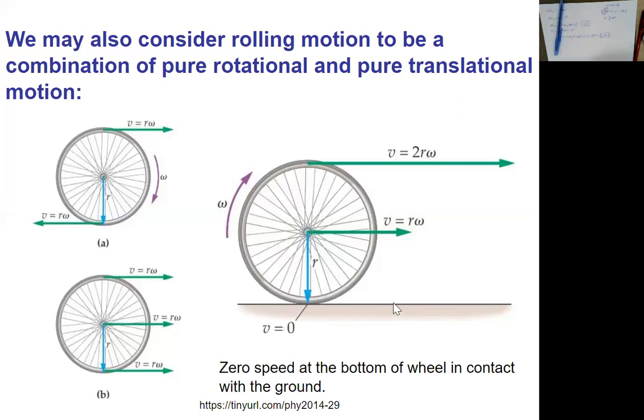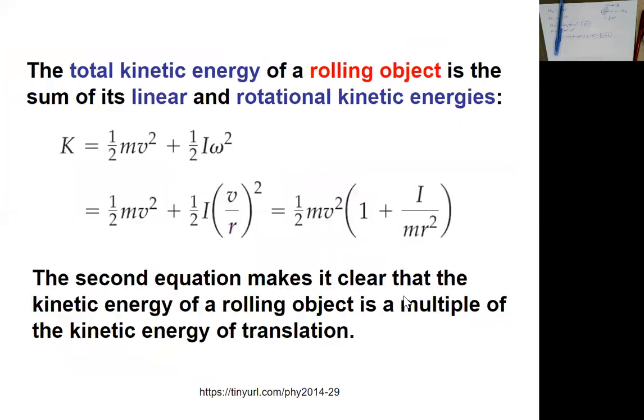All right, so for a rolling motion, because the object is rotating and also having linear motion, our total kinetic energy should consider both the linear or translational kinetic energy as well as the rotational kinetic energy. So it's 1/2 mv squared plus 1/2 I omega squared.